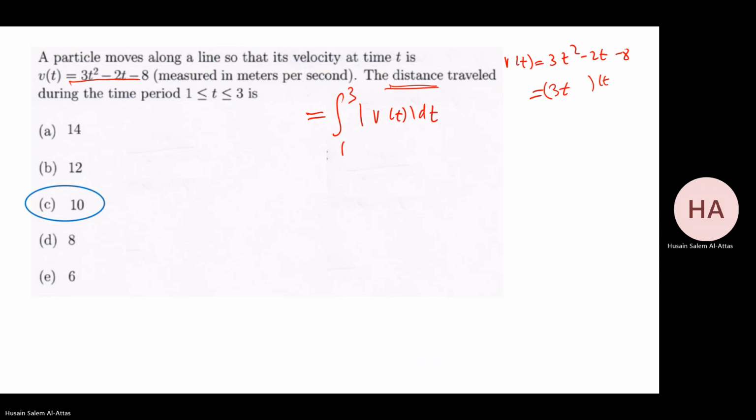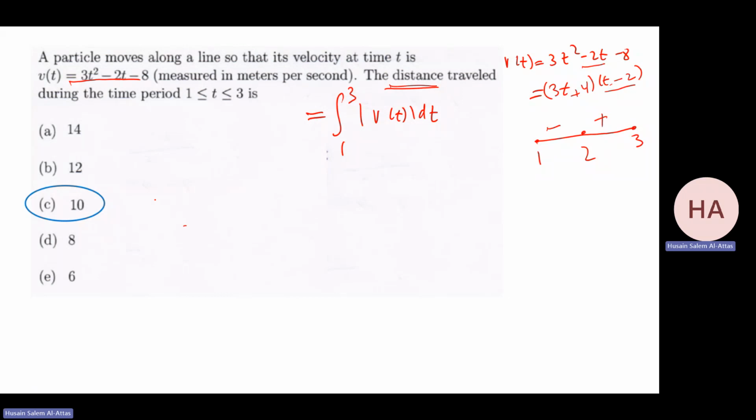Okay, so I have 1, 1 to 2 will be what? Negative, then it will be positive.